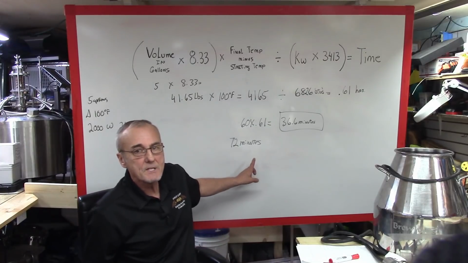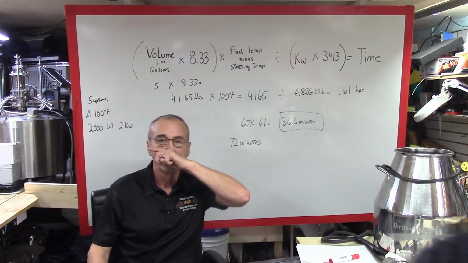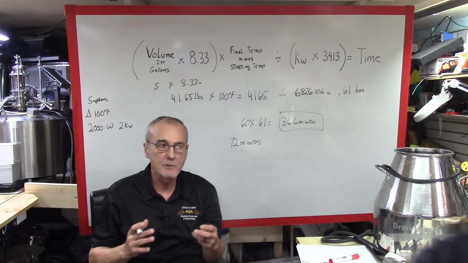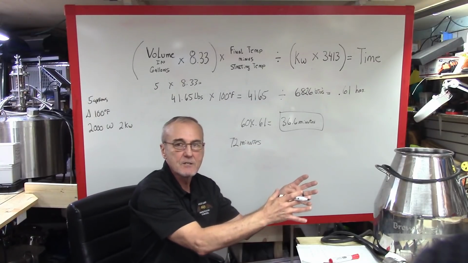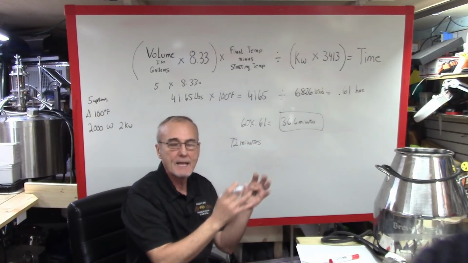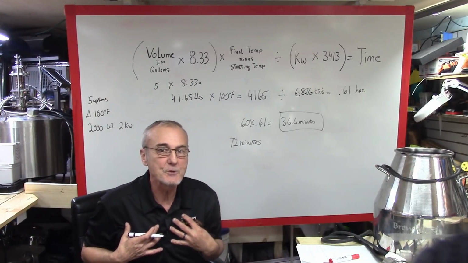Now, if it took me 72 minutes and it should have only taken me 36 minutes, what can we determine from that? Well, we can determine what our efficiency rate is. How efficient is that system to withhold all of that heat that we want to control? Yes, we want to control that.